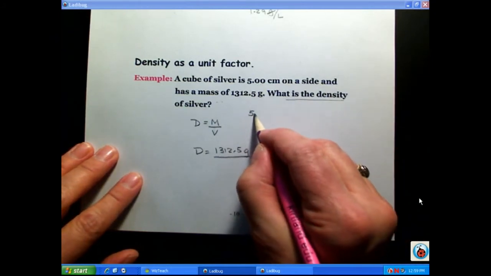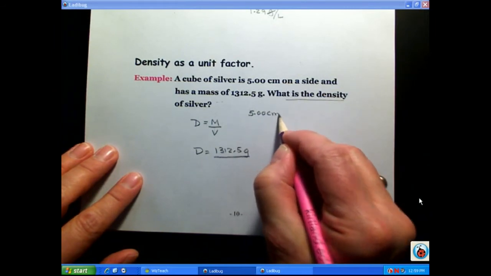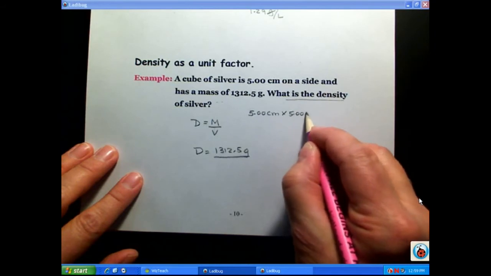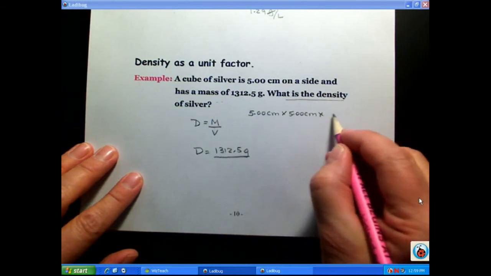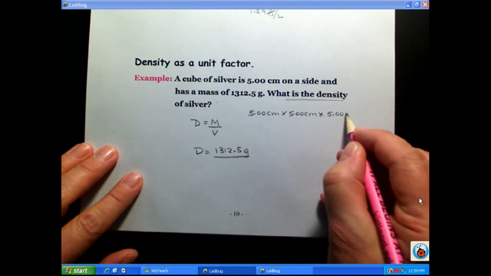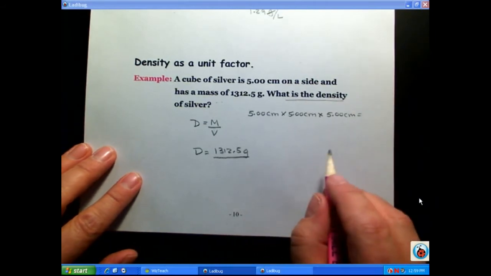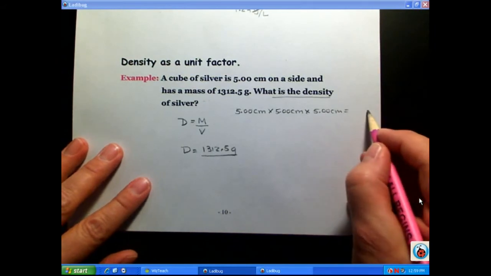So 5.00 centimeters the length times 5.00 centimeters the width times 5.00 centimeters the height will give us centimeters cubed, and that will be a volume.